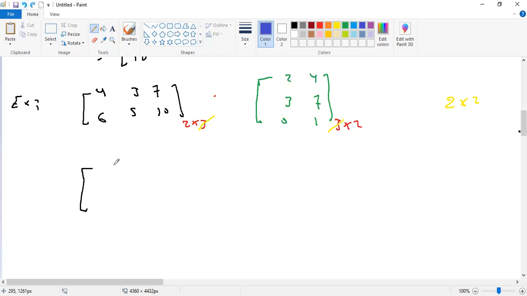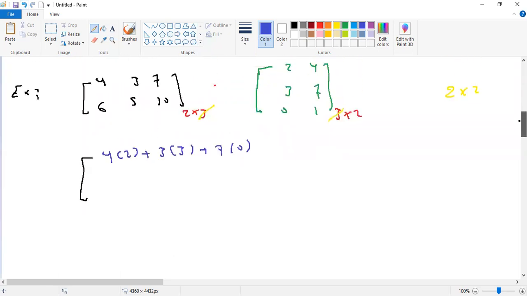I multiply 4 times 2, which is 8, plus 3 times 3, plus 7 times 0. So I multiply the first row by the first column: 4 by 2, plus 3 times 3, plus 7 times 0.